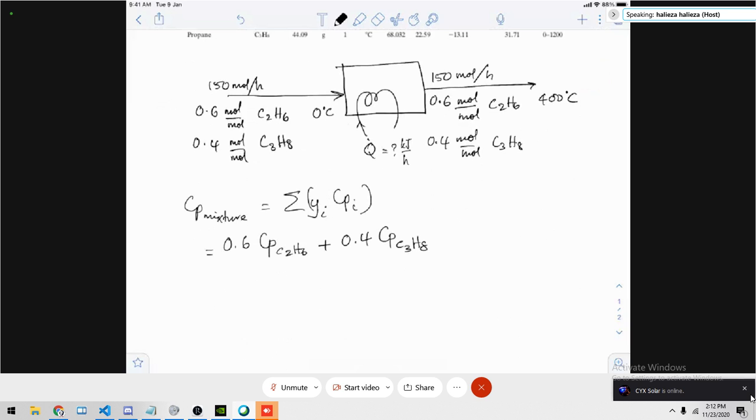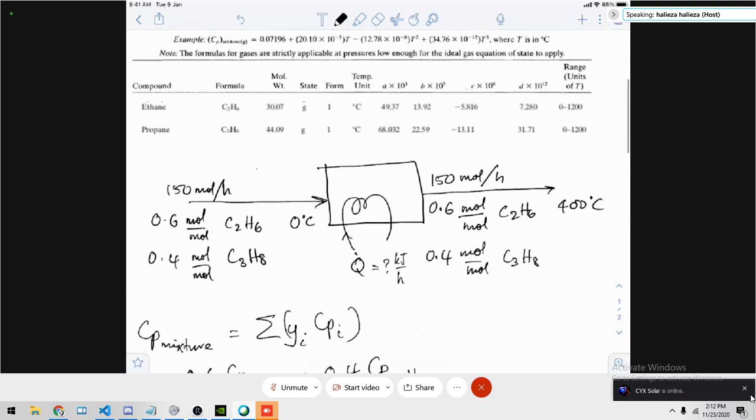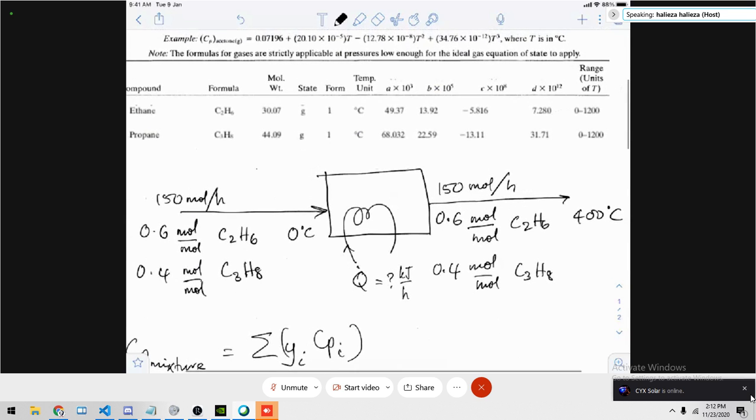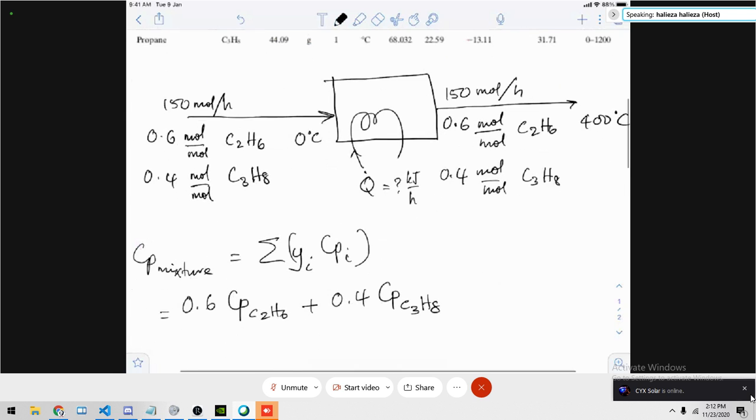So let's look at our table B2. Here I have ethane. This is A times 10 to the power of 3, B times 10 to the power of 5, C times 10 to the power of 8, and D times 10 to the power of 12. I'm going to use these values for ethane.